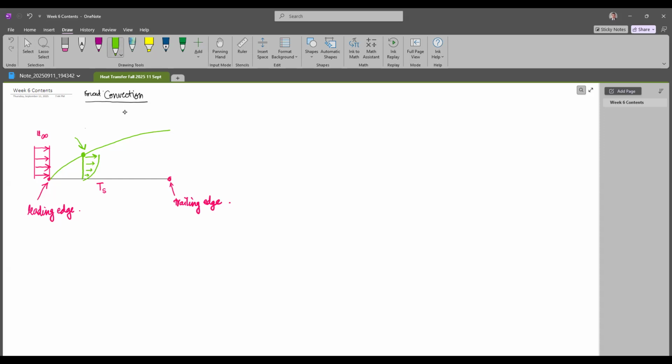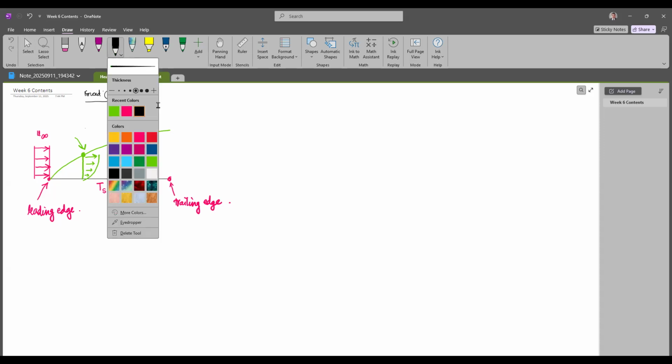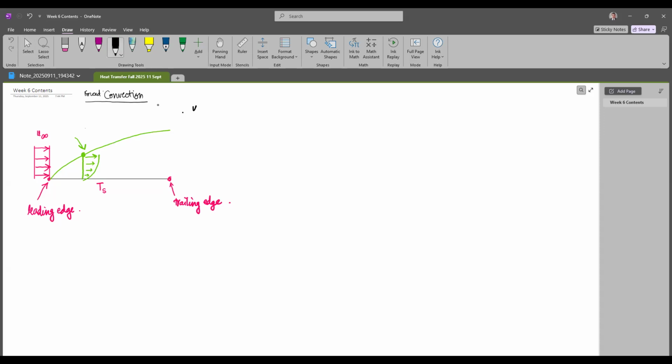So the way it is explained is when u becomes 0.99 times u infinity, that is the place where the velocity boundary layer is formed. So at this point, the velocity is 0.99 times u infinity.